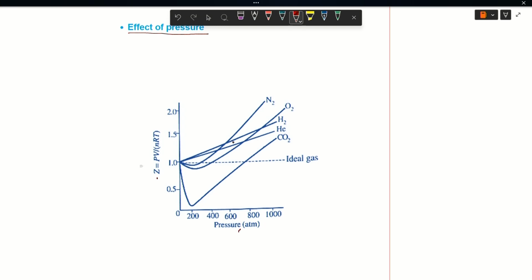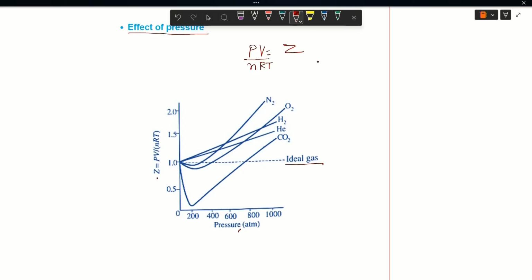Now, when we watch this, you can see the dotted line represents the ideal gas behavior in which Z is equal to PV by nRT. Now, for an ideal gas, we know that PV equals nRT. So, what will happen to the value of Z? Z should be equal to 1, because PV and nRT are equal, so they will get cancelled and the answer will be 1.